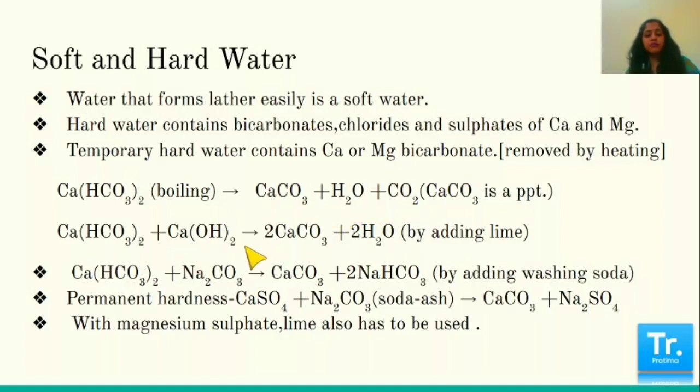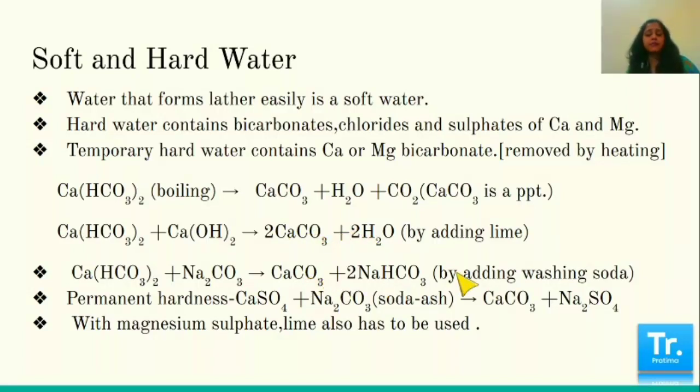The removal is also possible with lime, that is calcium hydroxide, to get calcium carbonate and water, again a precipitate, filtered. In case of using lime with magnesium bicarbonate, you get magnesium carbonate, calcium carbonate and water, and both the precipitates can be filtered out.